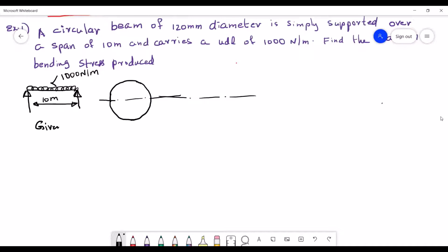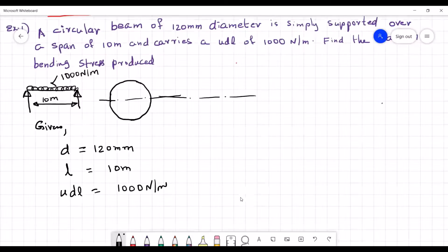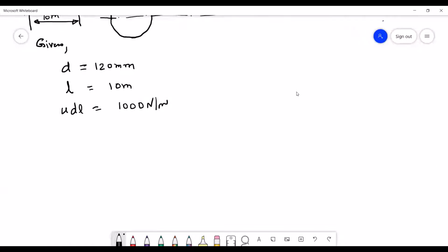In our question, diameter D is given as 120 millimeter, then length of the span is given as 10 meter, and the uniformly distributed load of 1000 Newton per meter is given. We have to find the maximum bending stress.